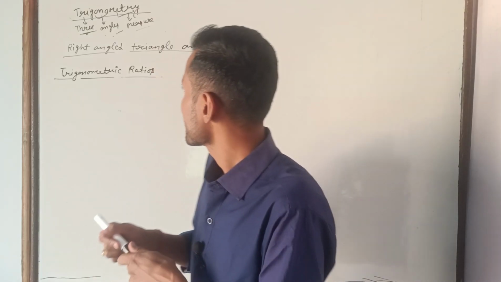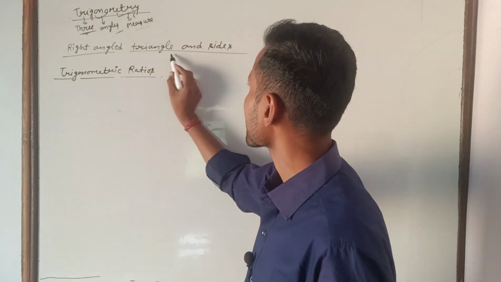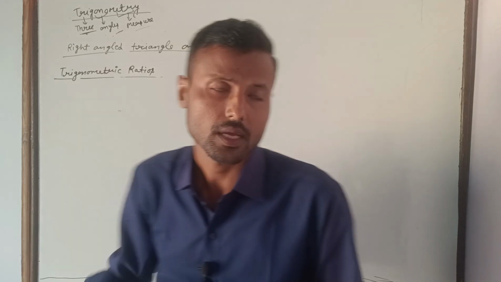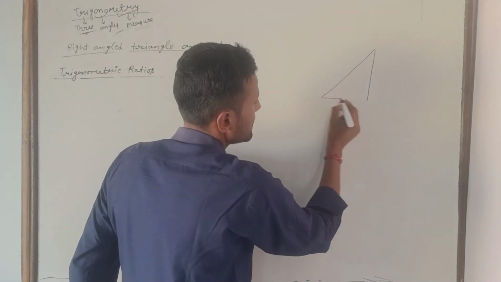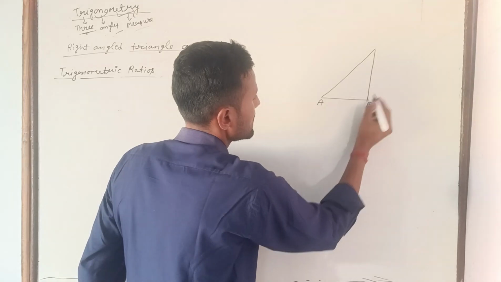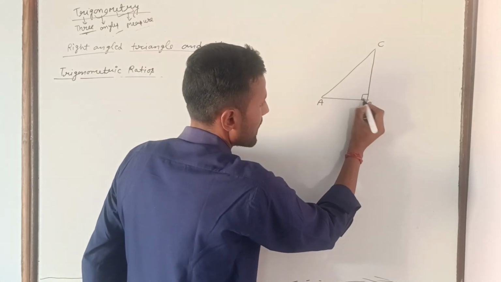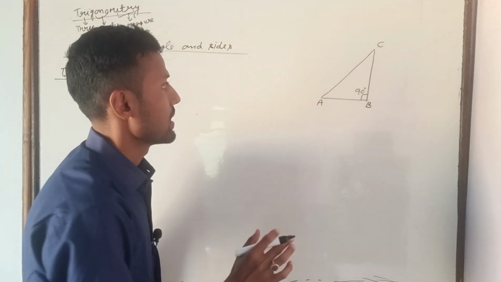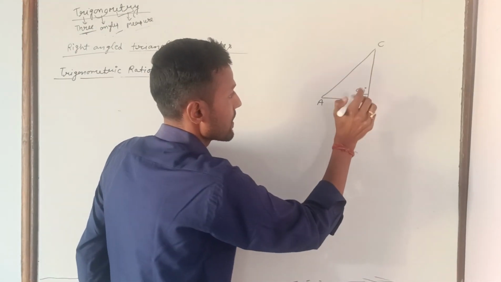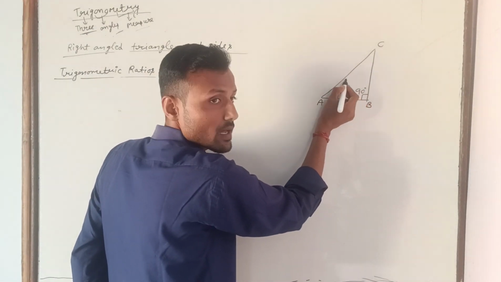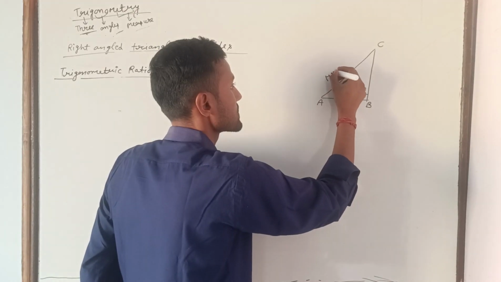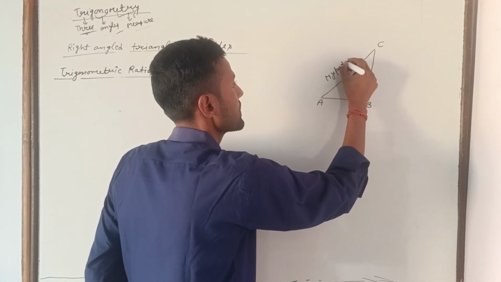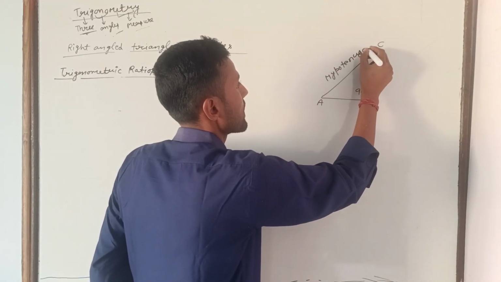Okay, so now let's talk about right angled triangle and sides. Let's take a triangle ABC, right angled at B. Angle B is a right angle. Now let's talk about its sides. The side opposite to the right angle is called the hypotenuse.